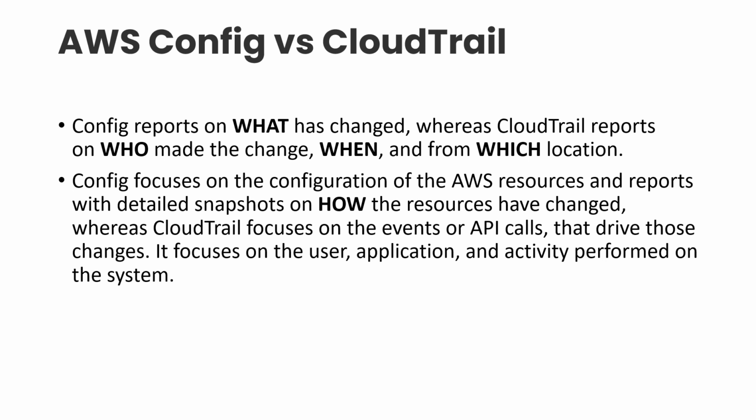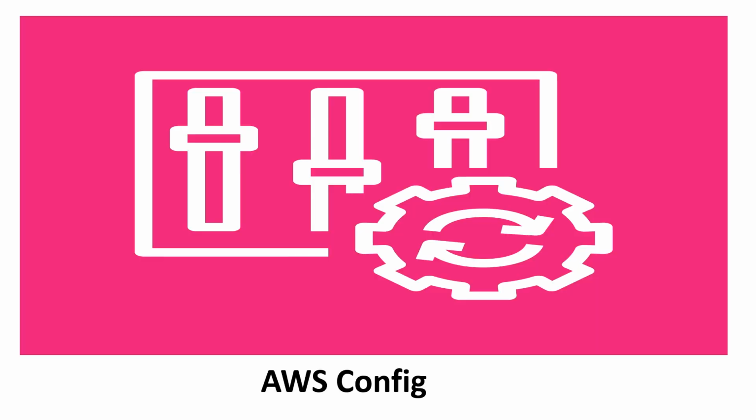Config focuses on the configuration of AWS resources and reports with a detailed snapshot of how the resource has changed. Whereas CloudTrail focuses on the events or API calls that drive those changes. It focuses on the user and application activity performed on the system.